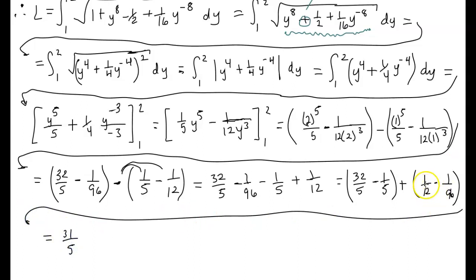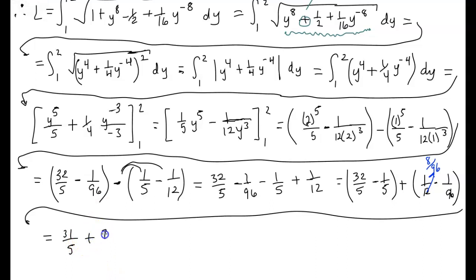Okay. So for the 1/12, since we know that 12 times 8 is 96, we could rewrite what we have here as just 8/96. So 8/96 minus 1/96 will end up giving us 7/96.